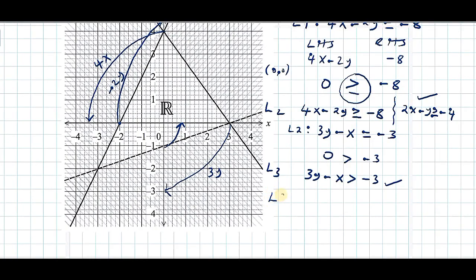Next, we are going to consider line 3. Now for line 3, the y-intercept is +4. +4 multiplies x, and that gives us 4x.